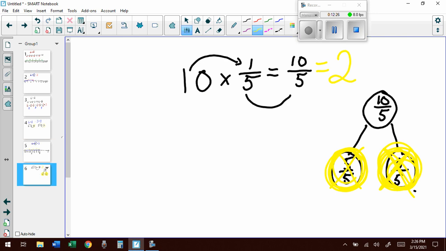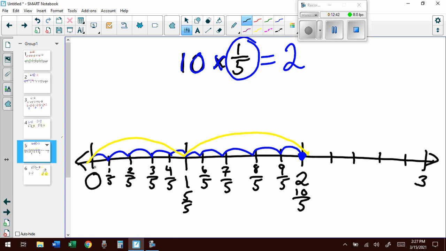So 10 times 1/5 is 2. Or you could also write it as 5/5 2 times. Here we have 1, 2, 3, 4, 5/5 once, and 1, 2, 3, 4, 5/5 twice.